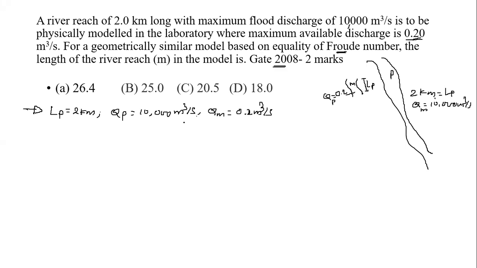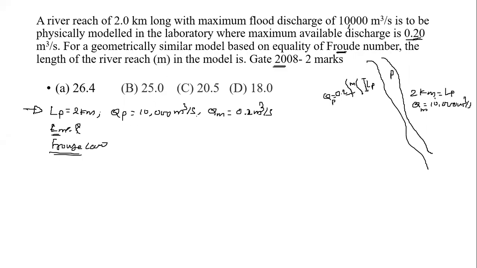And they asked the length of the model. What will be the length of the model of the river you are building in the laboratory by Froude model law? We have to use the Froude model law, so as per the Froude law, we have to find out the length of the model.